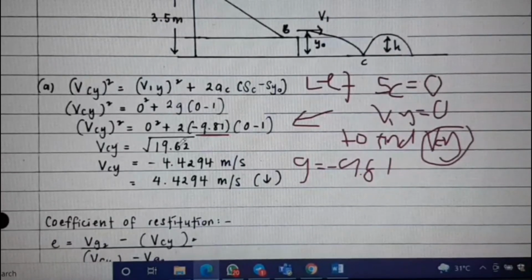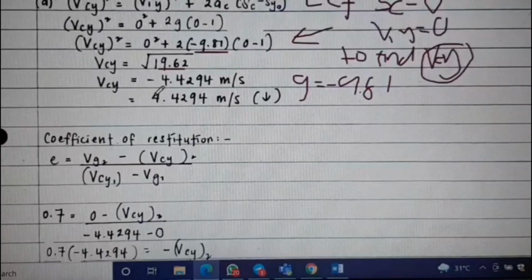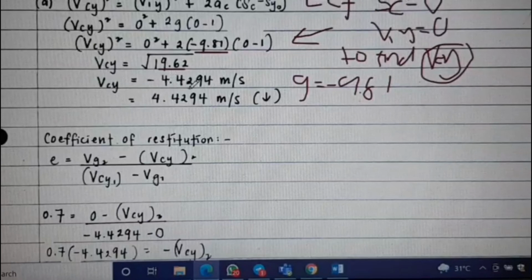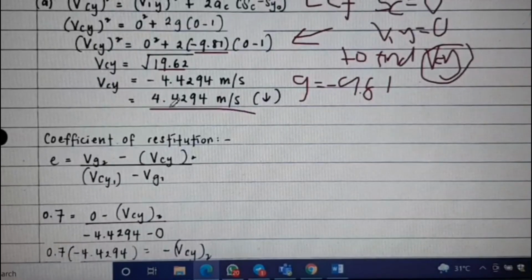Solving, vcy equals the square root of 19.62, and the final answer is negative 4.4294 meter per second, or 4.4294 meter per second going downwards.